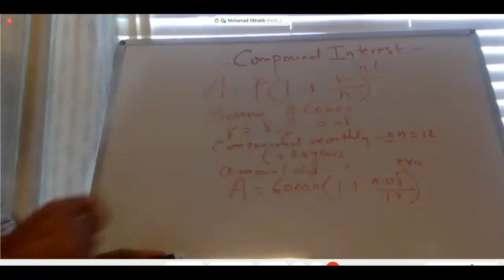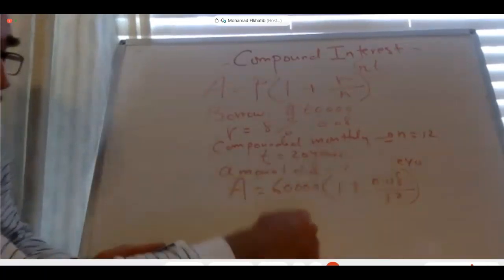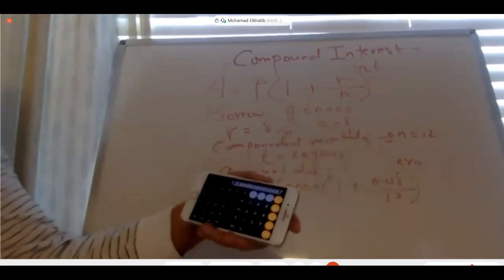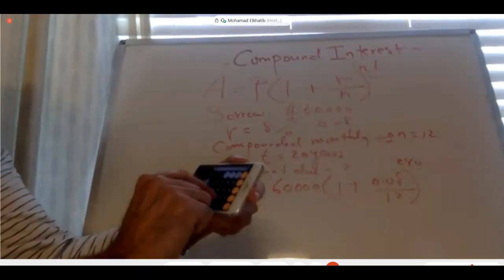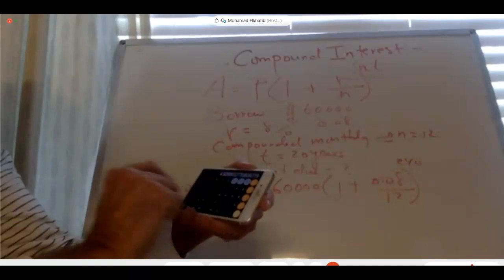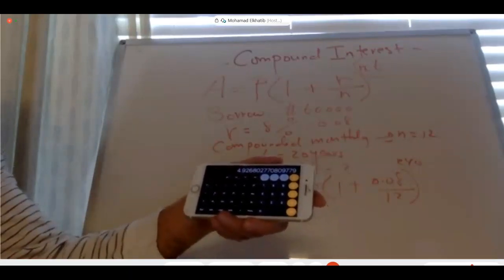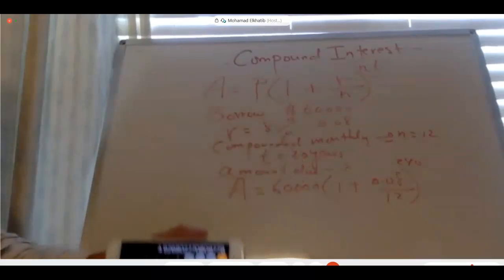Okay, so what did I do? I divided by 12 and I added 1. Now watch this. Next step is I raise it to the power 240. So x to the power y, 240, and the equal sign. When I did that, I get 4.99268 something. Did you get that?